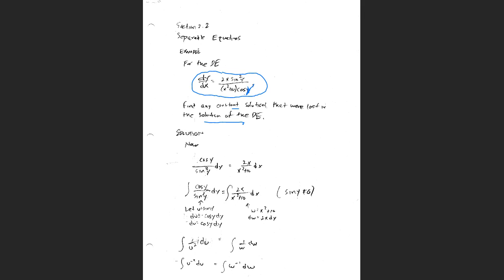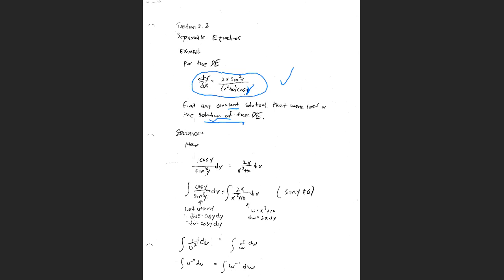But then the problem said find the constant solutions, if any, that were lost in the solution of the differential equation. So what we're going to do is look at this differential equation and find any constant solutions that were lost. Okay, so I'm trying to give you some understanding of that problem.